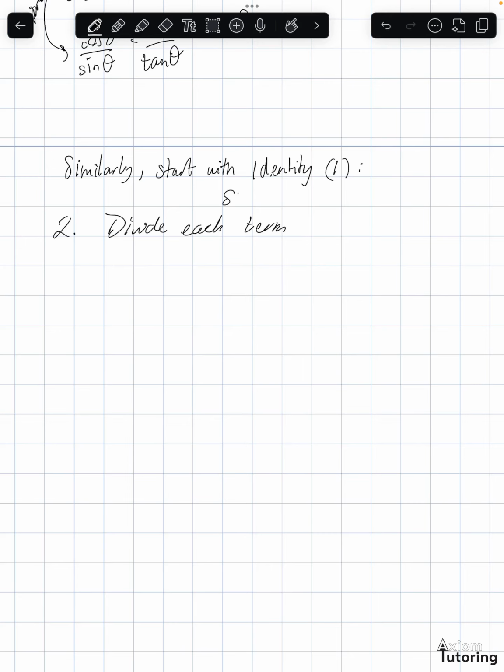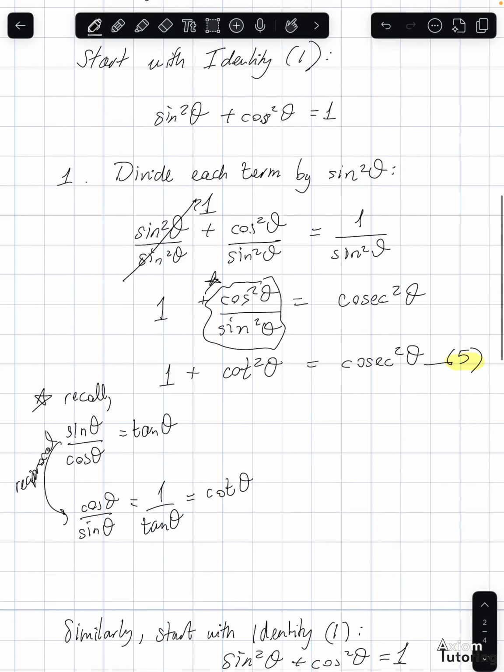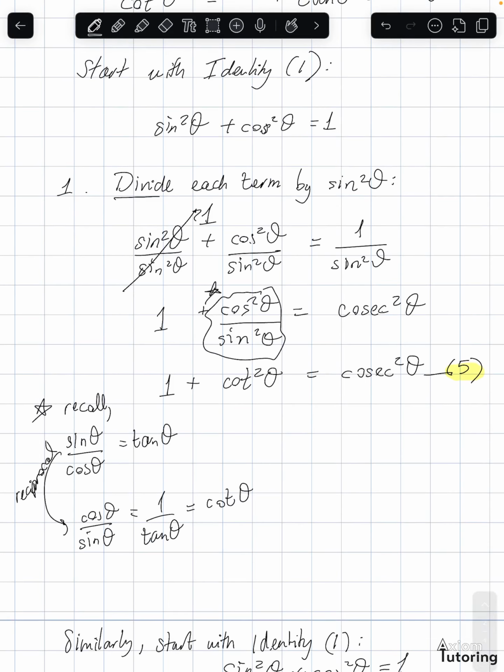So identity 1, I'll just rewrite it again here actually. Sine squared theta plus cos squared theta equals 1. We're going to divide each term by cos squared theta this time, instead of sine squared theta as we were doing before. So let me underline that actually.